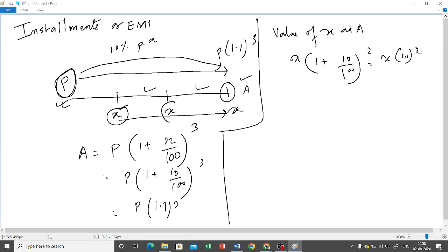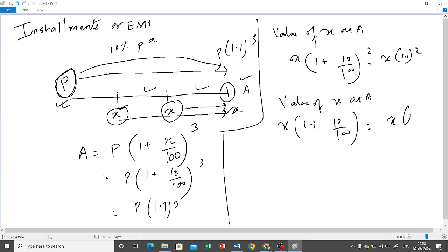Now I want to bring this X to this point A. So the value of this second X at A is going to be X into 1 plus 10 by 100, that is X into 1.1, right? And what will be the value of this X at A? It will be X only, because this particular value holds the value of X at A only.